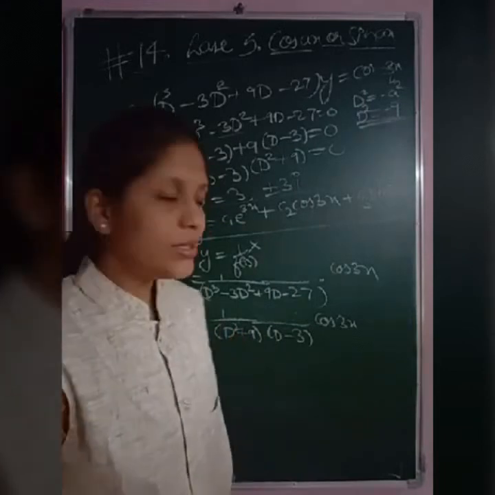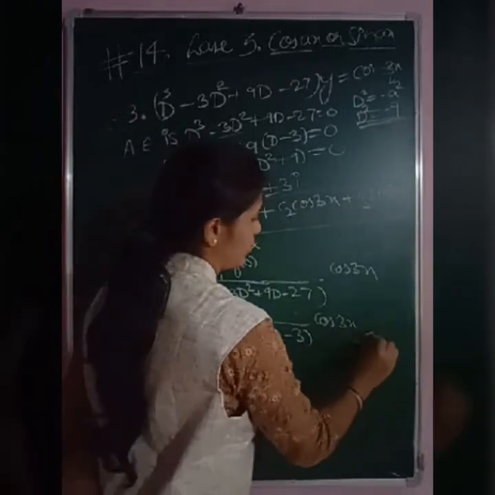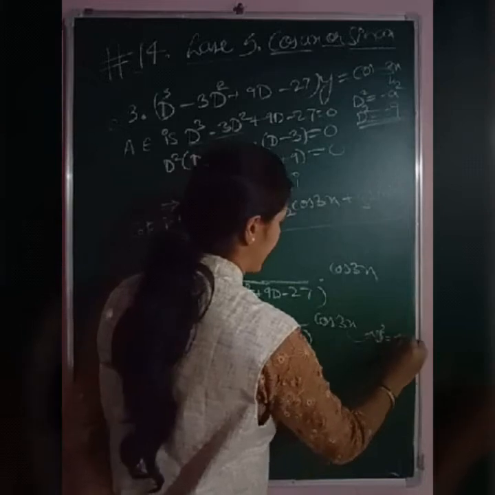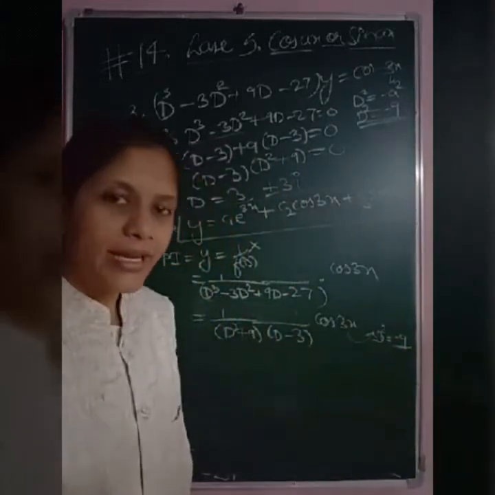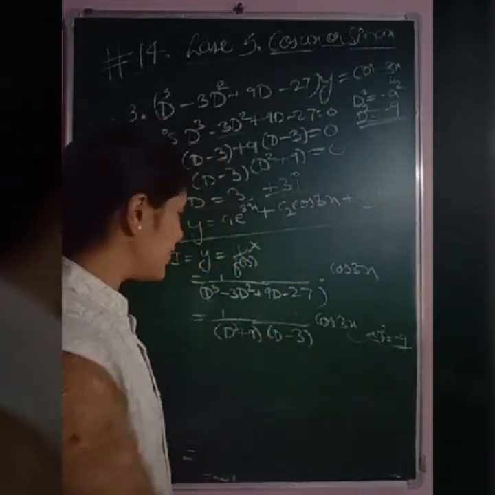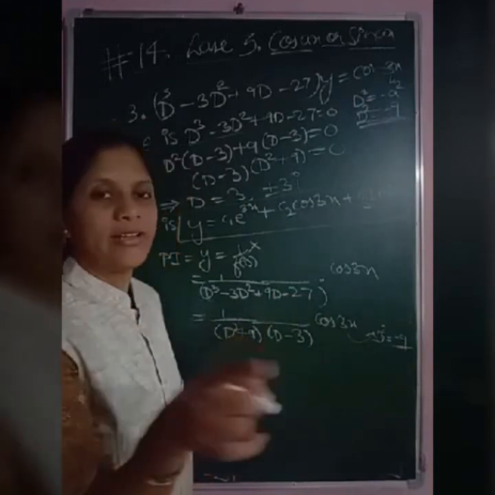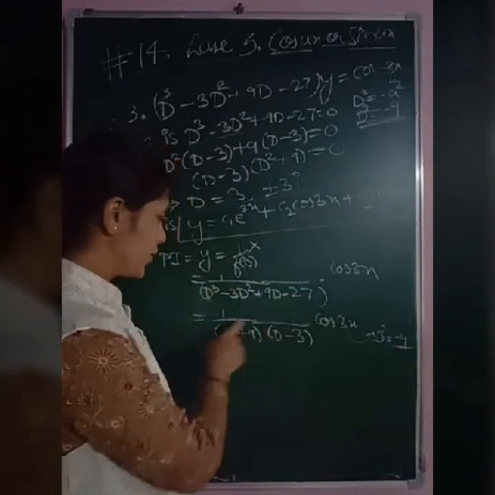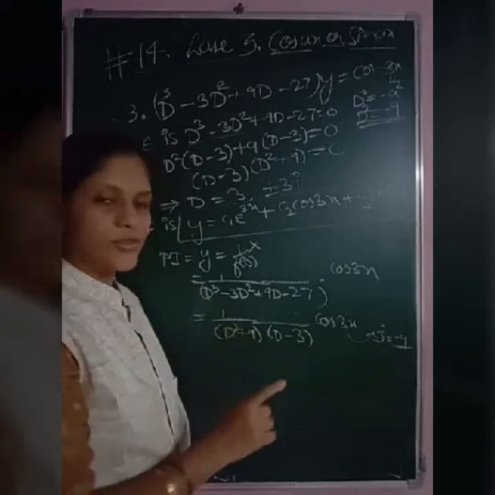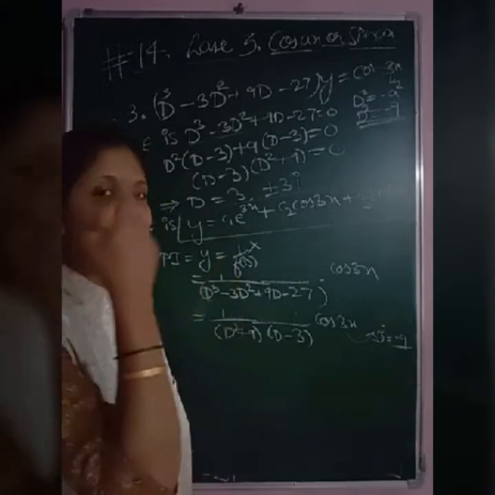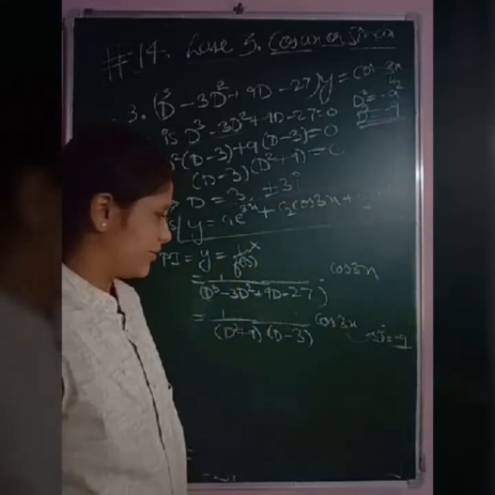If I substitute D square, we already know D square equal to minus 9. So again here you can solve in 2 steps. Either you can substitute here where you are getting 0. So this you can take outside. 1 upon D square plus 9, you are getting 0, multiply by x, differentiate the denominator.